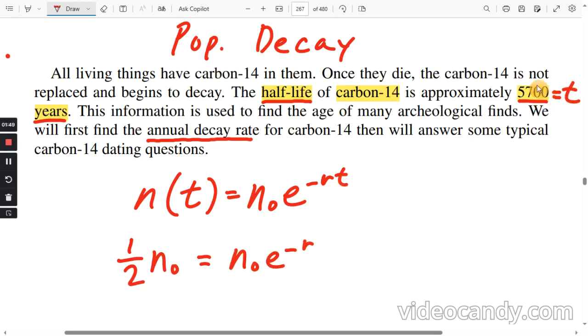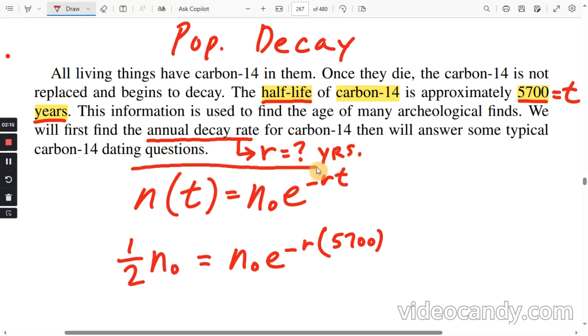All right, so t is going to be 5,700, and that's in years. If t is in years, the annual decay rate, once we solve for that, is also going to be in years. Since they give us t in years, when we solve for r, that's going to be in years as well.